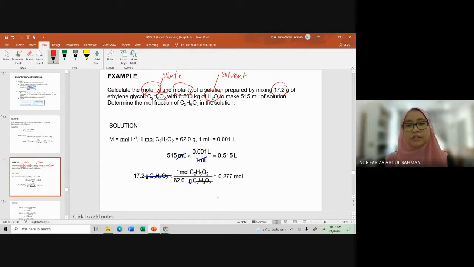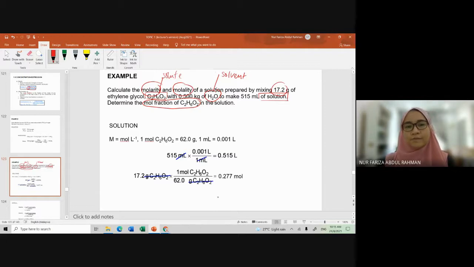Given is the mass of solvent in kilogram to make 515 milliliter of solution. This is the volume of solution. Determine the mole fraction of C2H6O2. Determine the mole of solute in the solution. There are 3 questions that we have to address here.